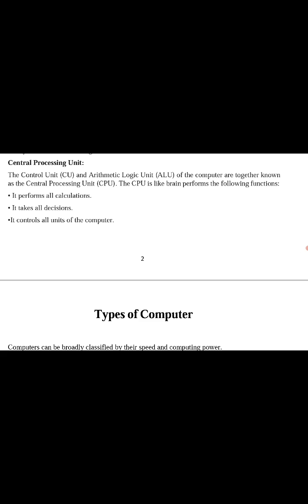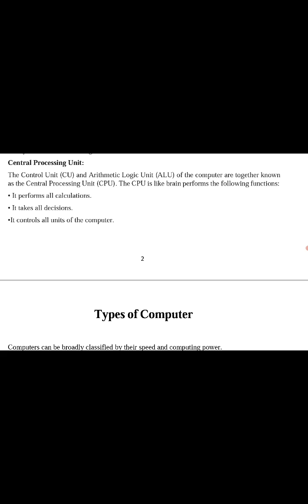The CPU is like the brain and performs the following functions. It performs all the calculations. It takes all decisions. It controls all units of the computer. Generally, the central processing unit, or CPU, contains the control unit (CU) and the arithmetic and logic unit (ALU) of a computer.